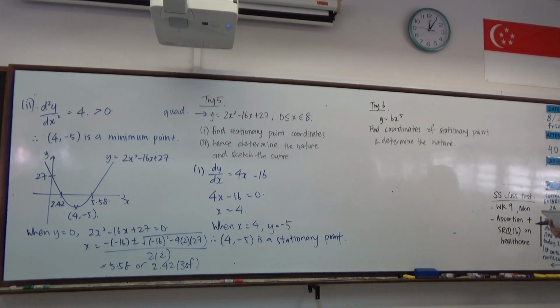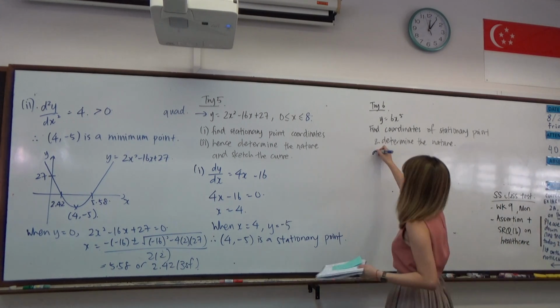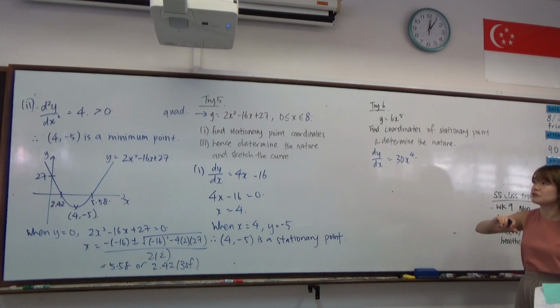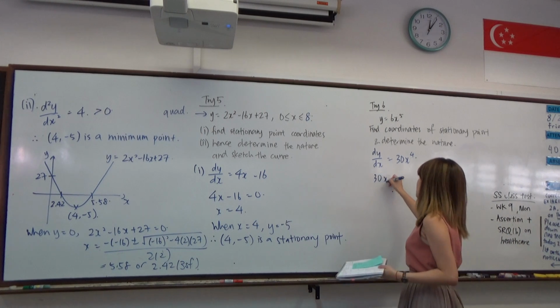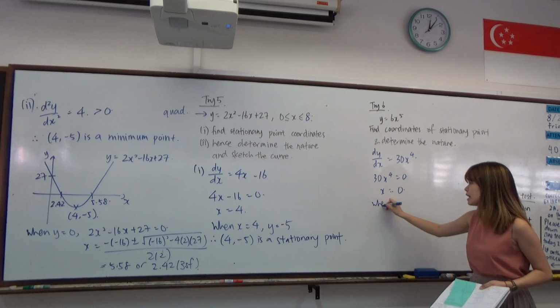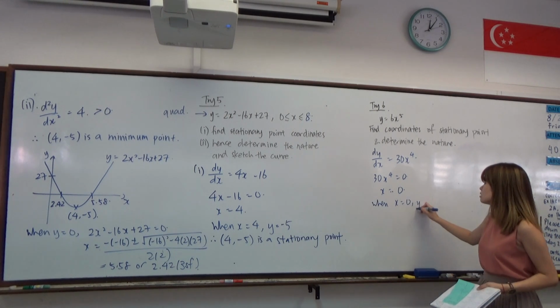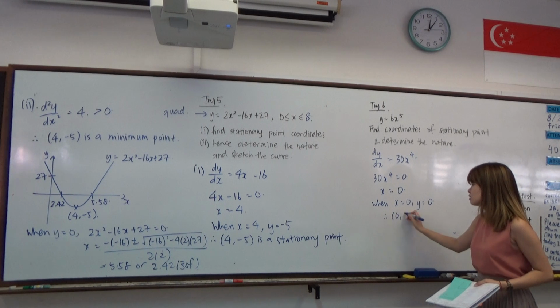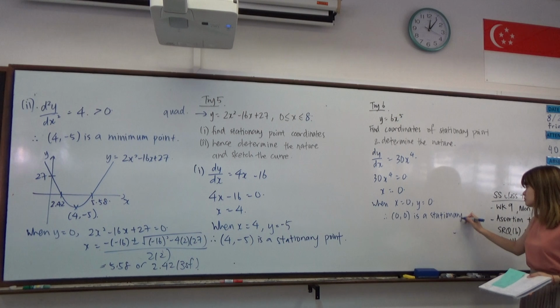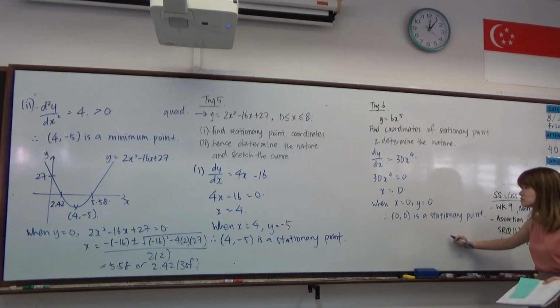Alright, try 6. We are given the equation y equals 6x to the power of 5, and we want to find the coordinates of the stationary point and subsequently determine the nature as well. It will be routine to first differentiate, find out the x value, then find the y coordinate.